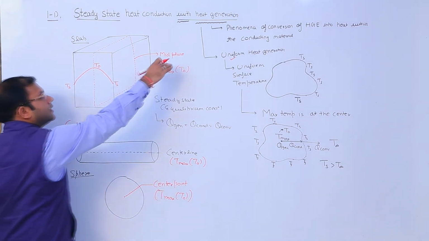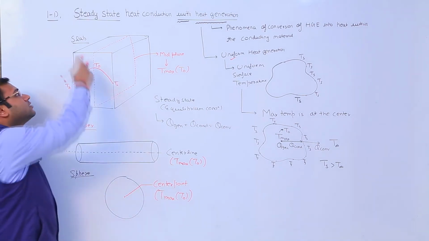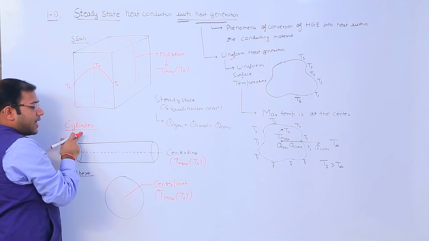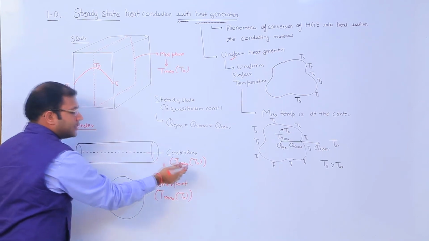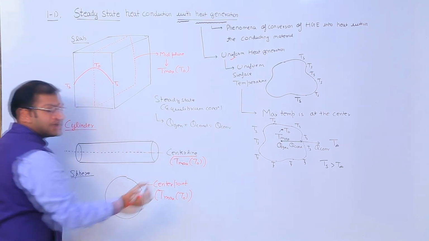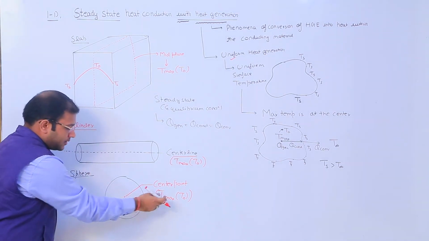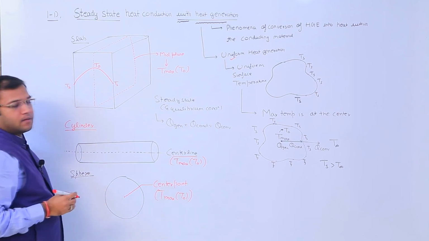So here the maximum temperature in case of slab occurs at the mid plane. In case of cylinders, the maximum temperature occurs at the center line, and in case of sphere the maximum temperature occurs at the center point.